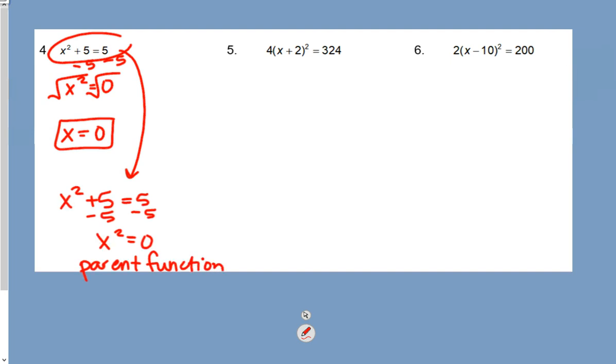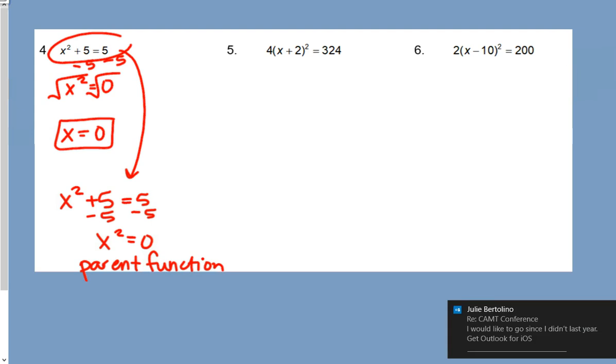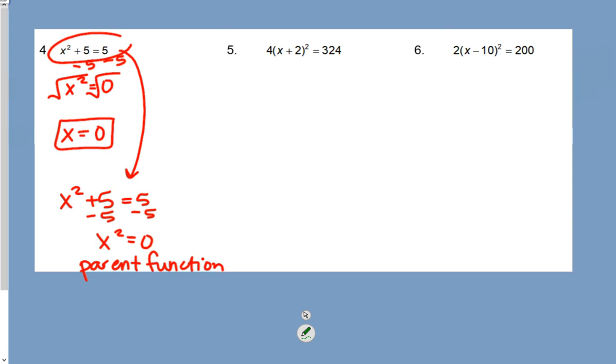Okay? Now, here's where things get a little bit interesting. On number 5, again, we are wanting to work backwards to solve for x. Well, x is inside of these parentheses. It's being blocked by a couple bodyguards. We need to get rid of this 4 before I can enter into these parentheses and get the x by itself. I'm going to divide both sides by 4. Okay, slowly but surely chipping away here.